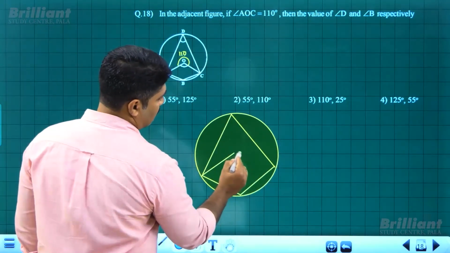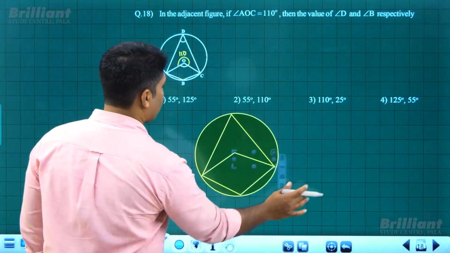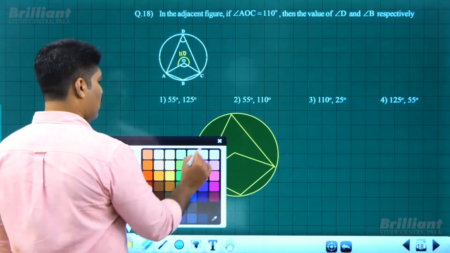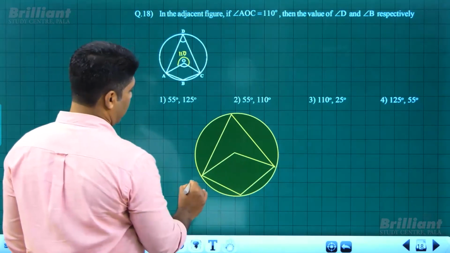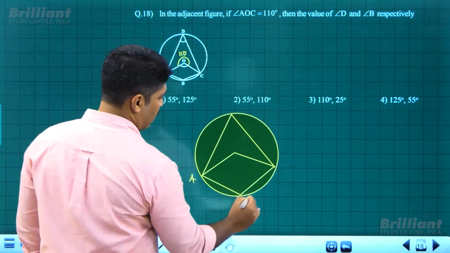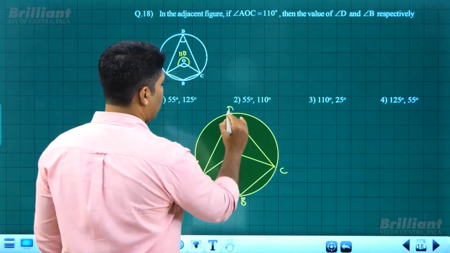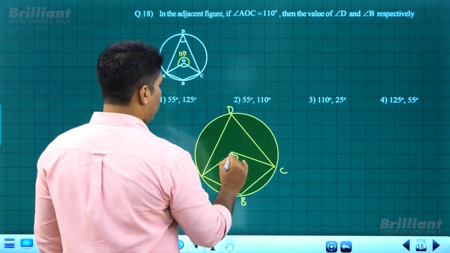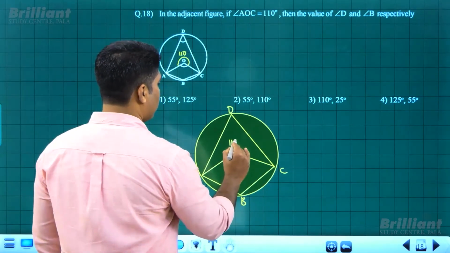So that is the center. So here A, B, C, D, and this is O. This angle we got, that is 110 degree.